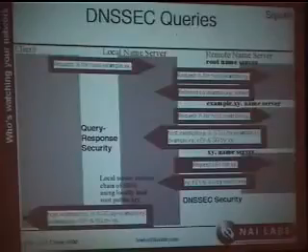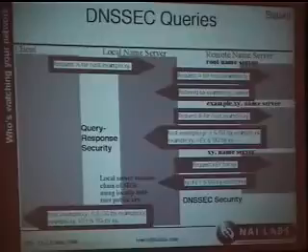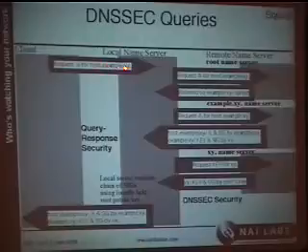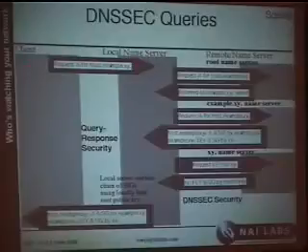This is a schematic of how a query might happen. Queries can happen a number of different ways. This is just one possible way for it to happen. I have a client or resolver over here that issues a request for an A record for host.example.xy. My local name server here is just the name server the resolver knows, and I'm going to assume it's a recursive name server caching information for me.